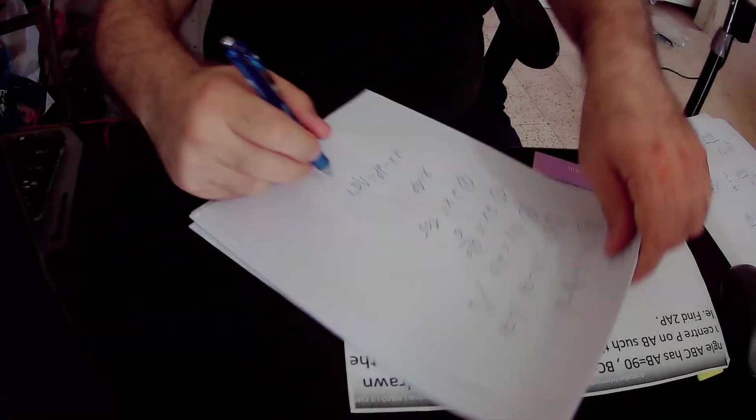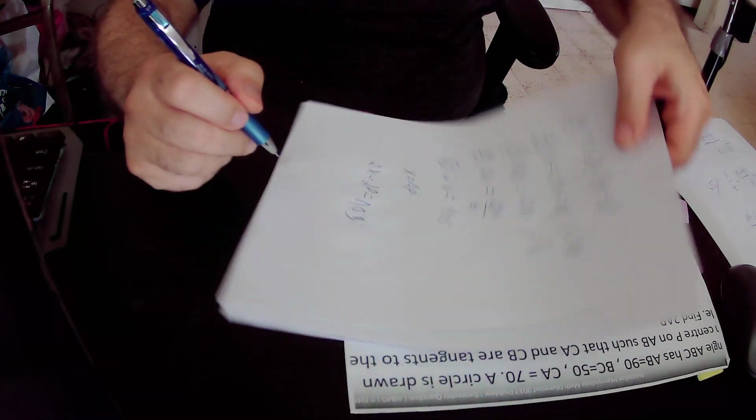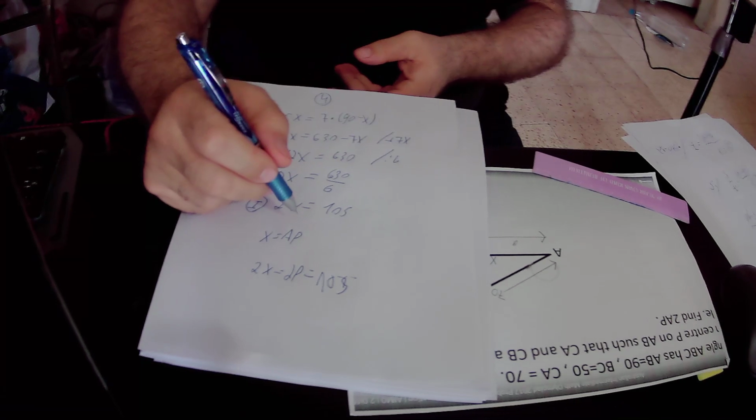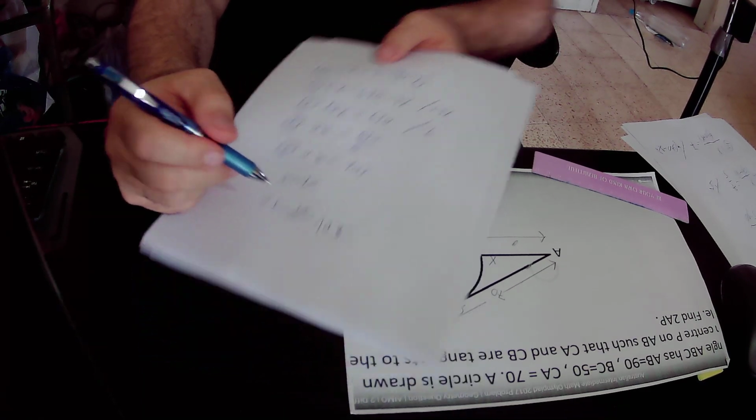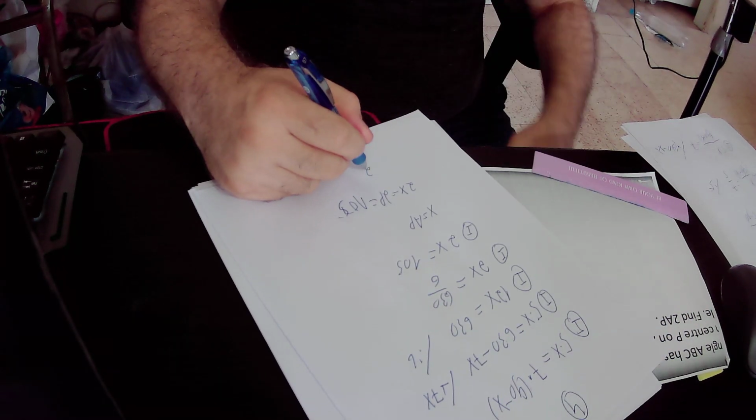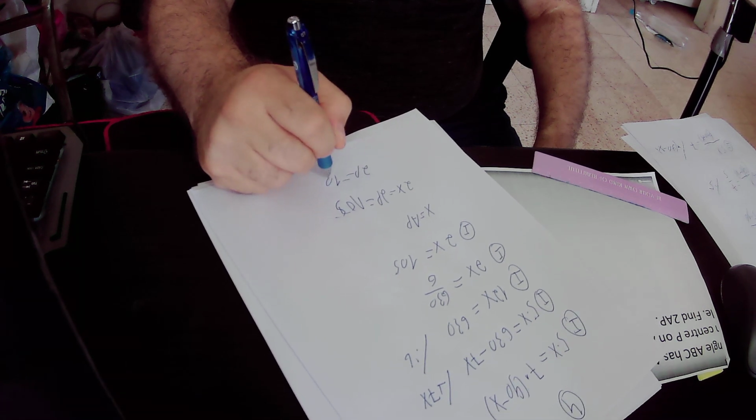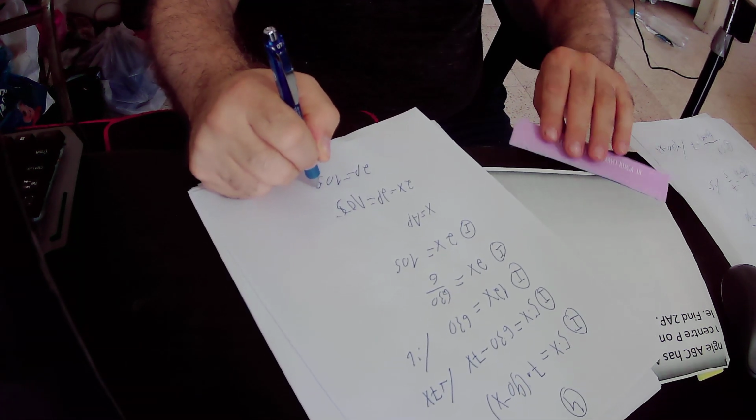2x equals 2AP equals 105. So 2 times AP equals 105.